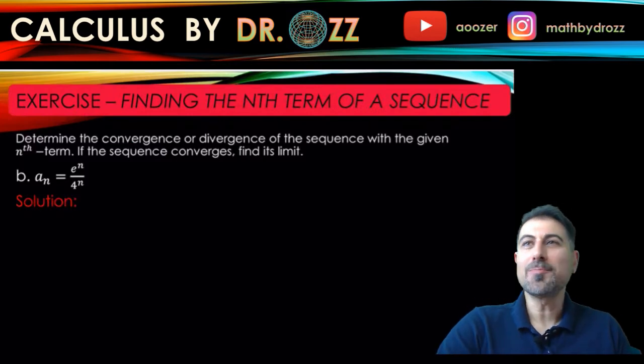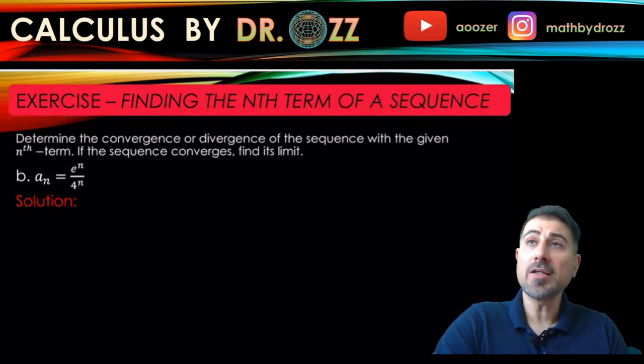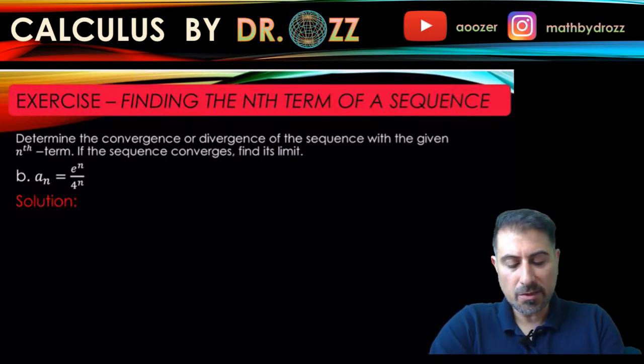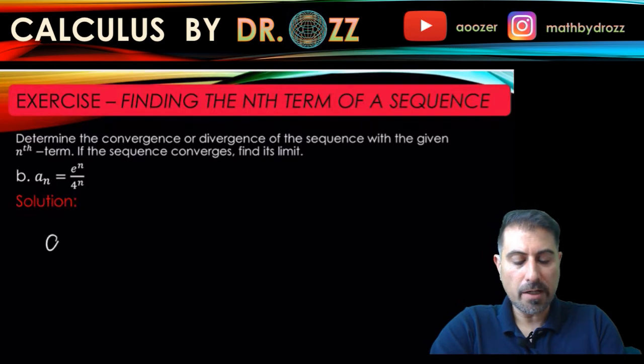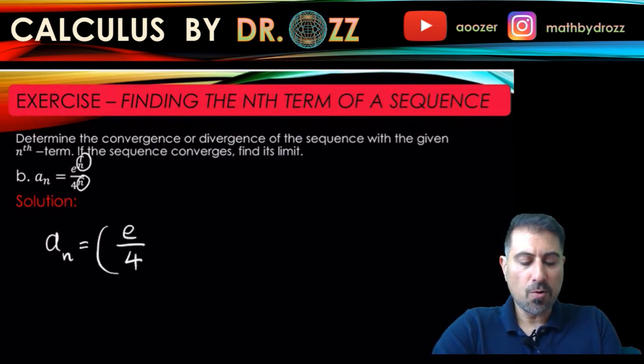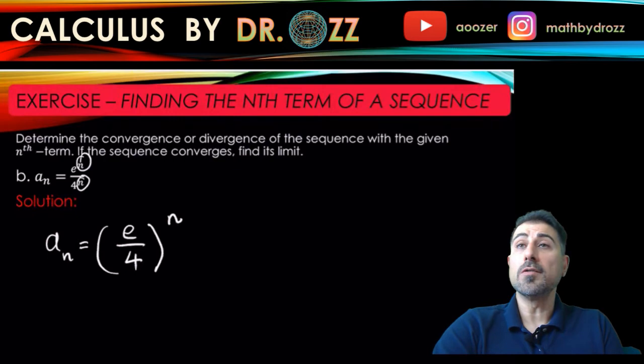All right, for part B, we have a_n equals e to the n over 4 to the n. So what we're going to do here is rewrite a_n. Since the exponents are the same, I'm going to use some algebra properties to write it as (e over 4) to the power of n.